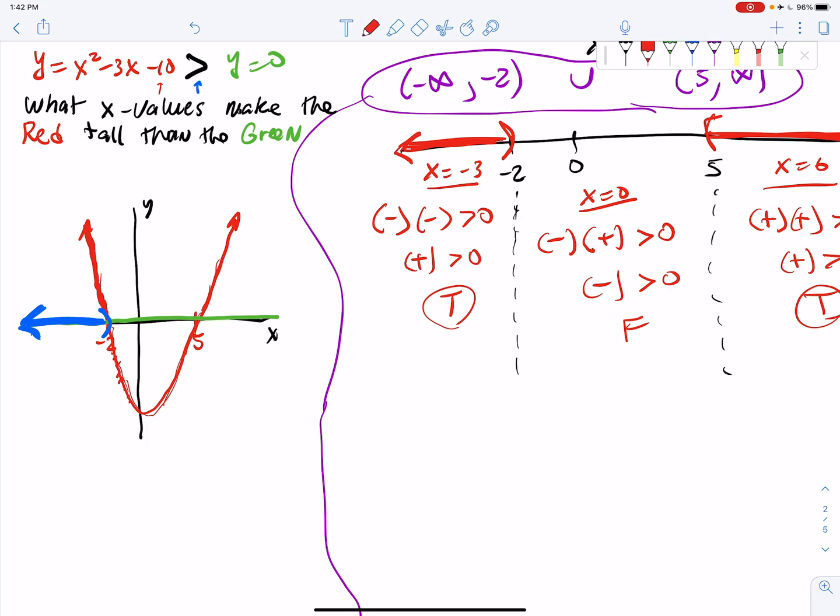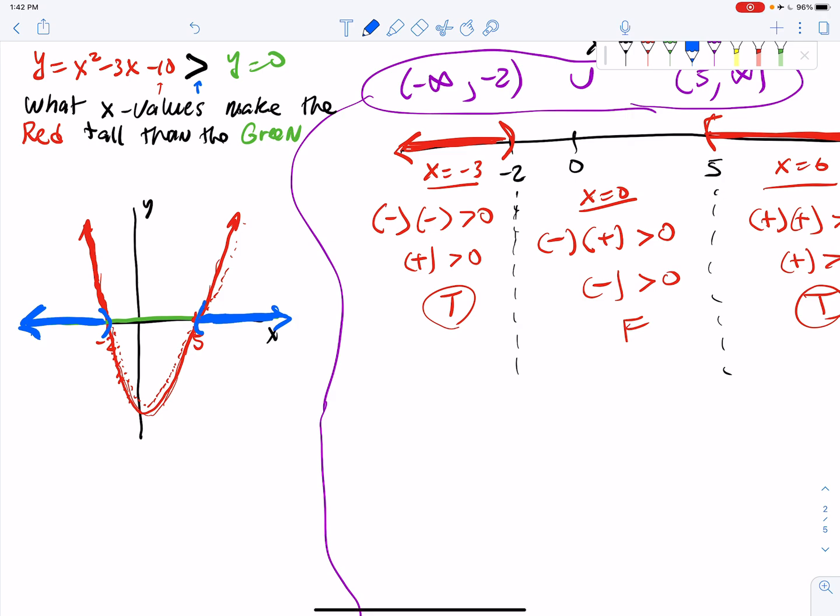And when you look at this, in this region right here, the red is less than the green. It's lower, shorter than the green, less than. Then it's equal. Now the red is greater than the green. So this region also works. These x values are going to make the parabola red greater than the green.